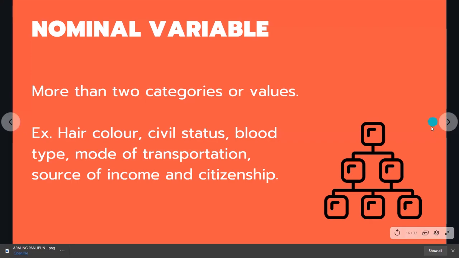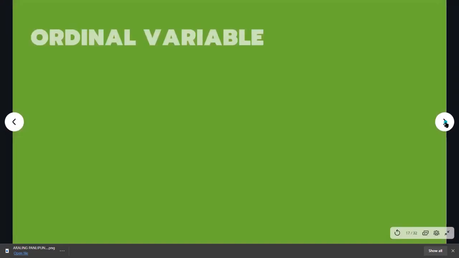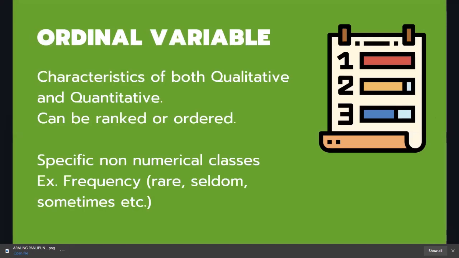So in this variable, more than two categories or values. Example, hair color, civil status, blood type, mode of transportation, source of income, and citizenship. So maraming category. Hindi mo pwedeng sabihin, ito yung category. Kung hindi, marami.